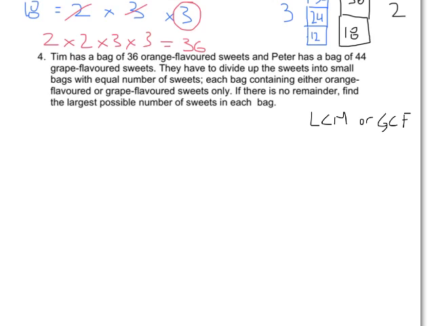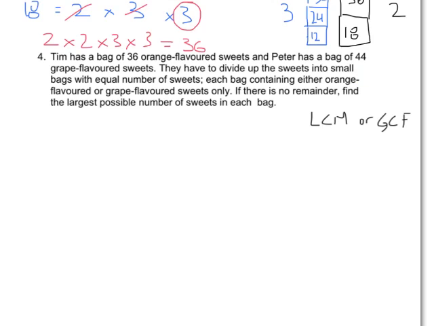They have to divide up the sweets into small bags of equal number of sweets. In other words, each bag is going to contain either orange flavored or grape flavored sweets only.